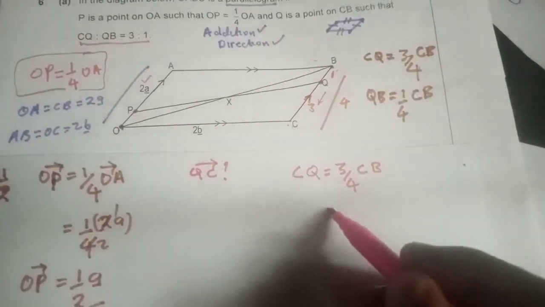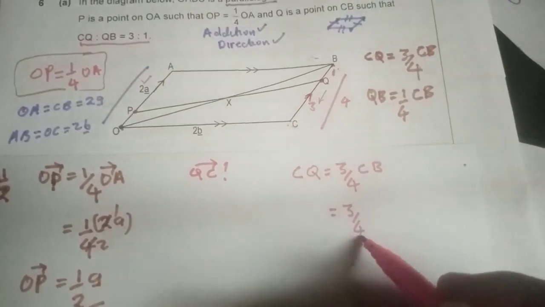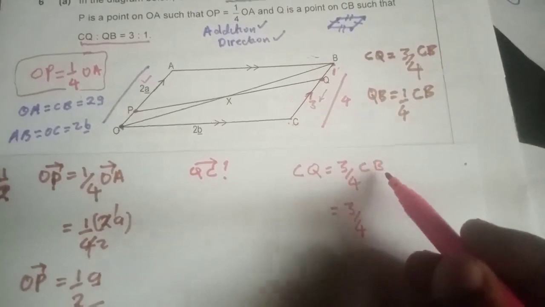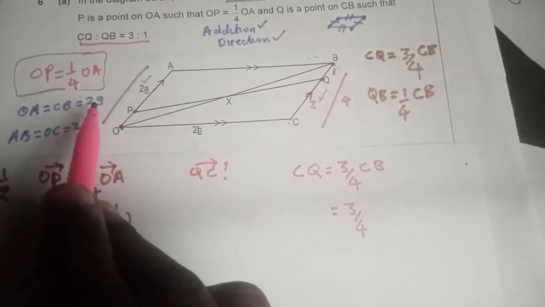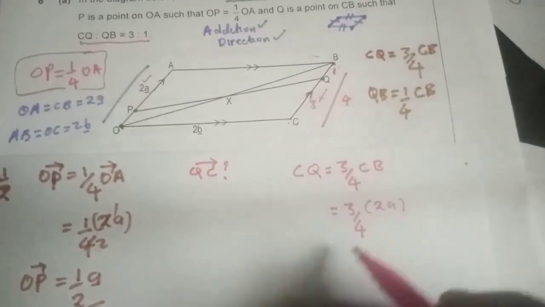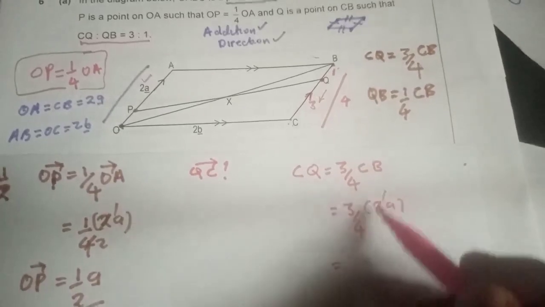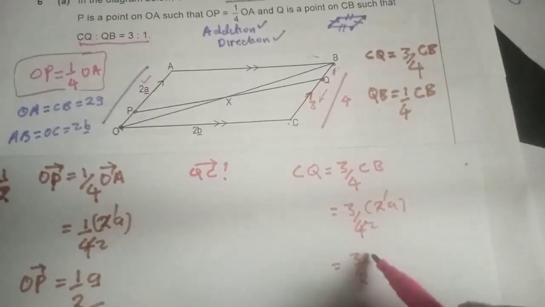So let's finish this off. 3 over 4. What is CB? Remember what I said? OA and CB are the same, which is 2A. We're going to put 2A here. 2 there 1, 2 there 2, so you get 3 over 2A.